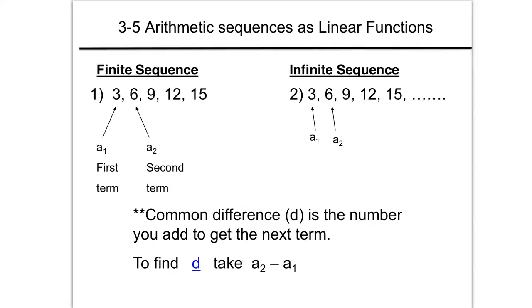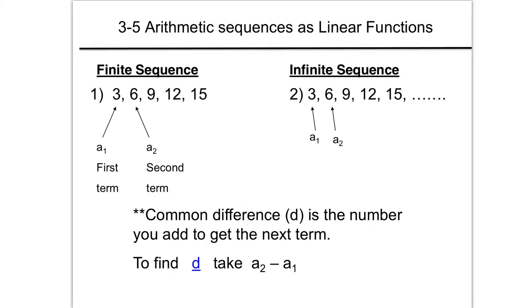To find that common difference, sometimes it's really simple. You just look at the numbers and find the pattern that's going on. For here, you notice that at the beginning, you're adding 3 every time to get to the next term. Sometimes we have fractions, sometimes we have decimals. So it's a little bit challenging to find the common difference just by looking at the numbers. Some people can find it.